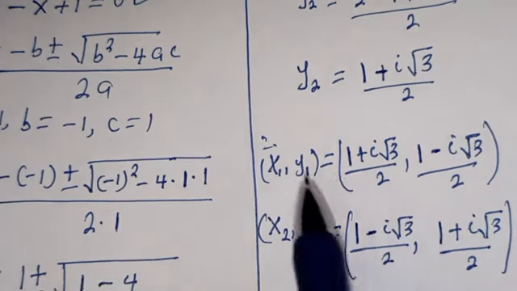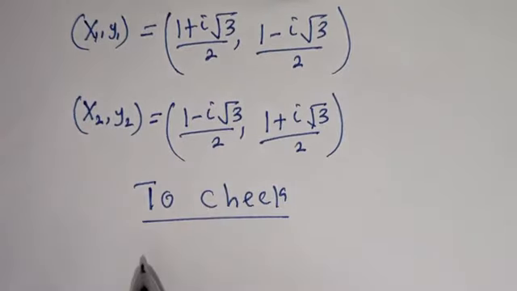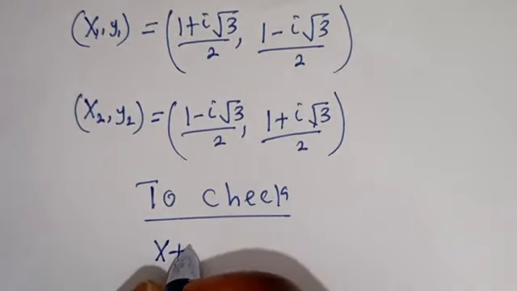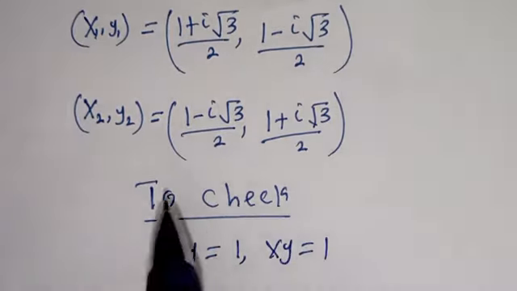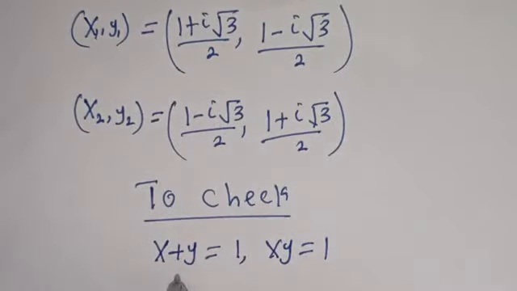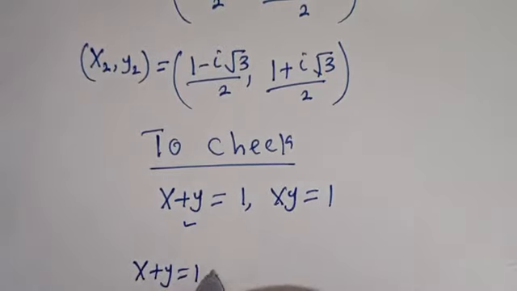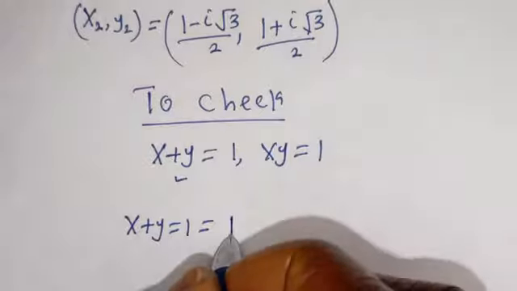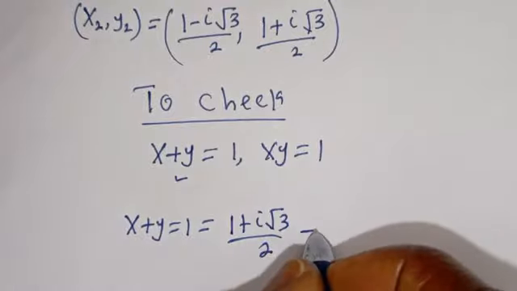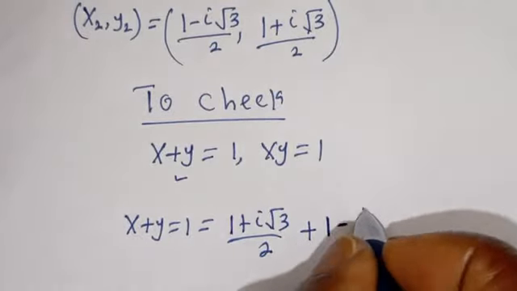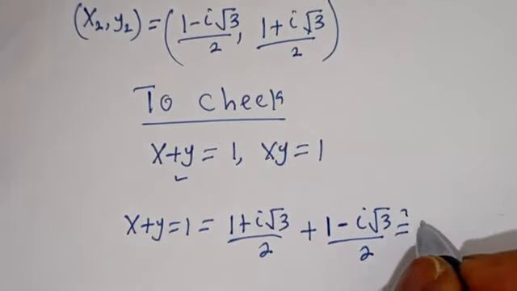We can check to confirm if this answer is right or wrong. Let's check. Now to check, we have the given equation x plus y is equal to 1, xy is equal to 1. Then let's check using any of these. Let's consider this first. For x plus y equal to 1, this is equal to 1 plus i root 3 divided by 2 plus 1 minus i root 3 divided by 2 must be equal to 1.